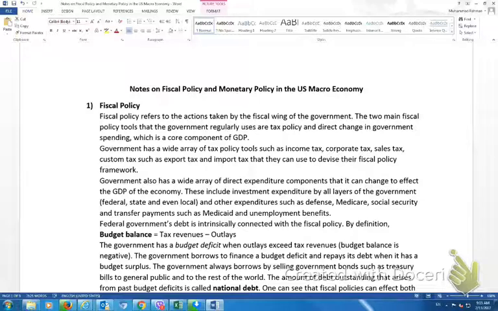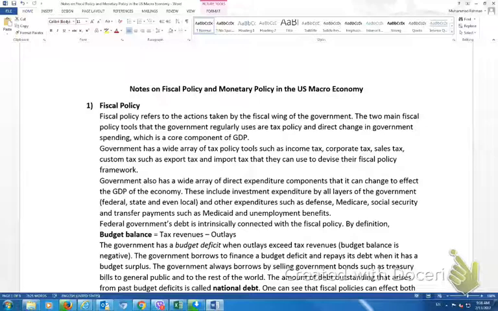In addition to these expenditures that obviously have important effects on the macroeconomy, the government carries out a large amount of so-called transfer payments, such as Medicaid, which is free medical insurance or services, and unemployment benefits.